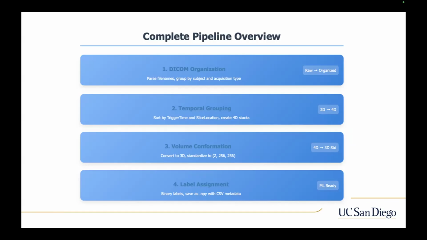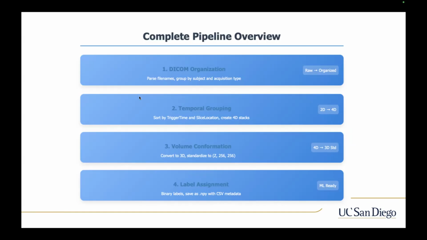Using that, we created a 4D stack with time, depth, height, and width in order to combine all of these and create heart volumes that we could run through our model. This was a really big portion of our time, due to the size of our data set and being able to create these in order as well.